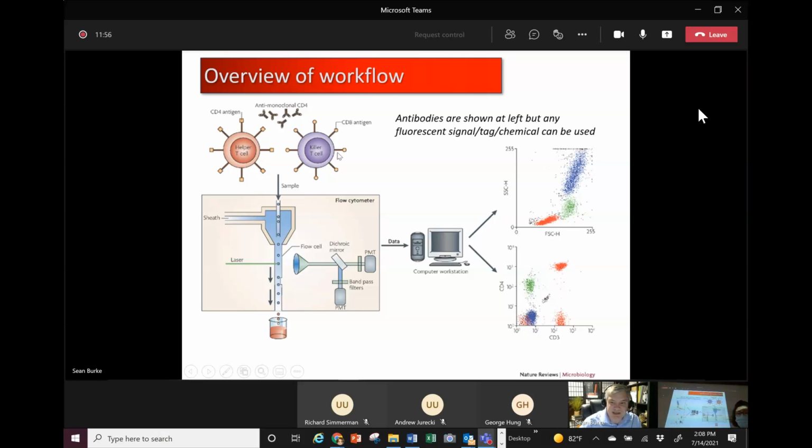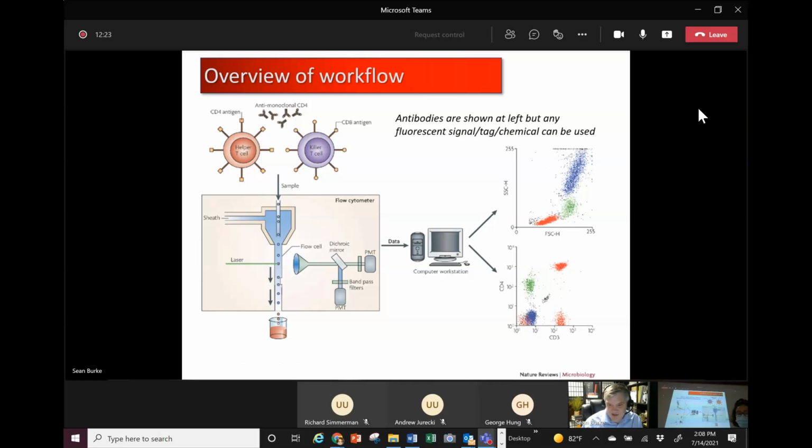But what will happen is that 100,000 or 1,000,000 cells get put into a test tube, and you stick that onto your flow cytometer, and the fluid from that tube gets sucked up into the machine, right? It goes from this little sample here, gets sucked up into what we call the sheath or the flow cell, and these cells will pass a laser one by one, and as the cells pass, the laser is going to shine light on that cell.